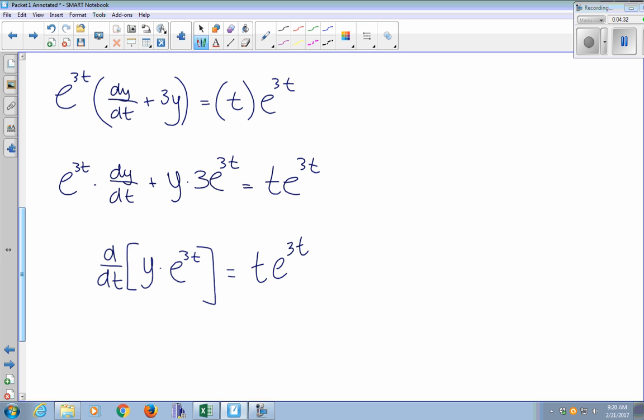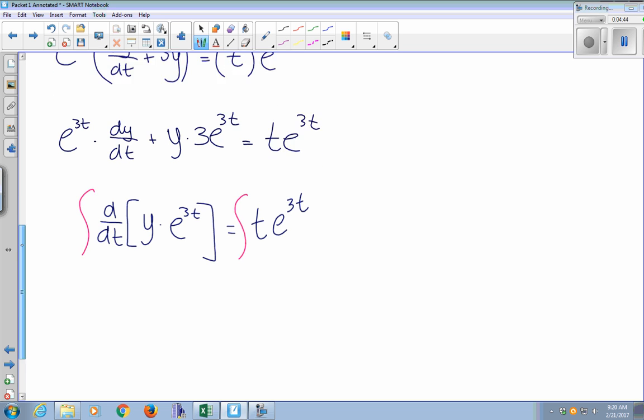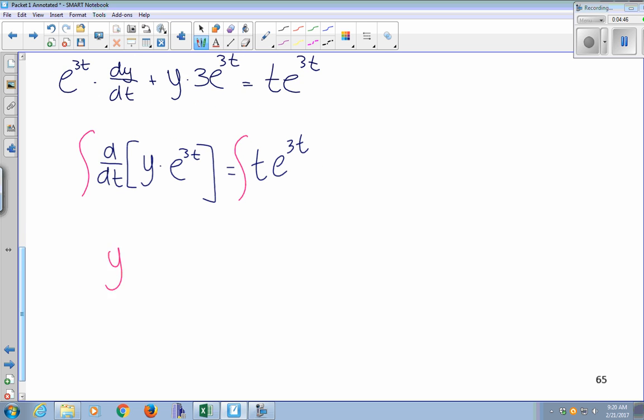Now I can integrate both sides, because integrating the left is easy. What's the antiderivative of a derivative? Itself. So the left-hand side is just y e to the 3t. And for the antiderivative of t e to the 3t, what method of integration would I use? Yeah, integration by parts, which undoes the product rule.